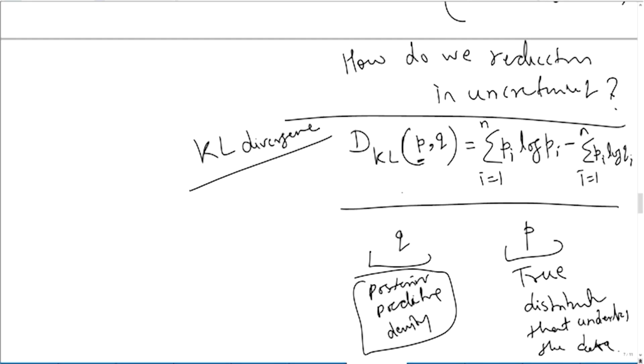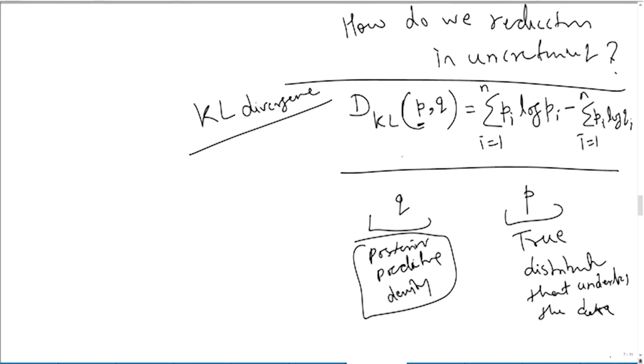Okay. So, Q is the distribution of your posterior predictions, the distribution that you want to use to predict P, and P is the true distribution that is actually behind your data, and this is exactly your goal. You want a measure of how good your model is at predicting the true distribution of the data, right?